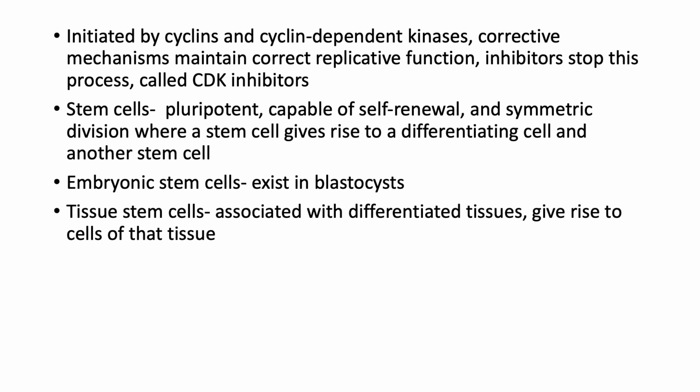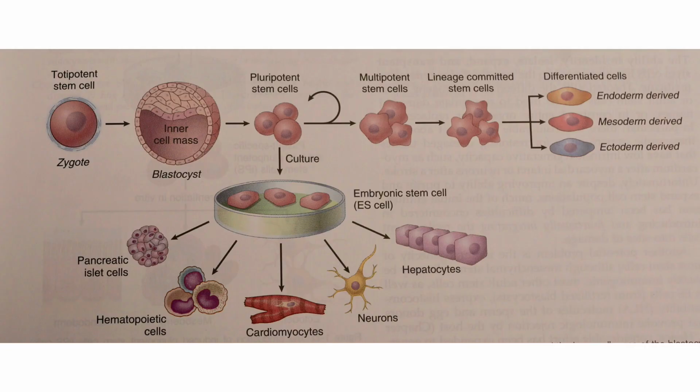Embryonic stem cells exist in blastocysts. There are also tissue stem cells. They're associated with differentiated tissues, and they give rise to cells of that tissue. This is an example of a totipotent stem cell with a zygote, a blastocyst, and inner cell mass.